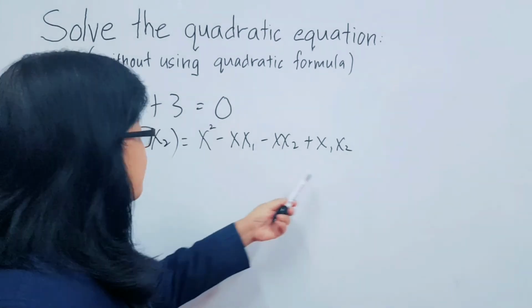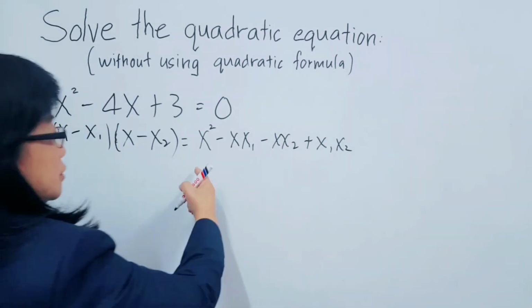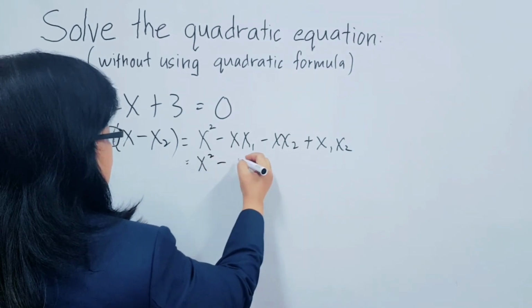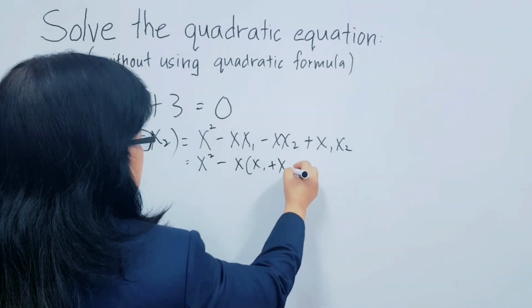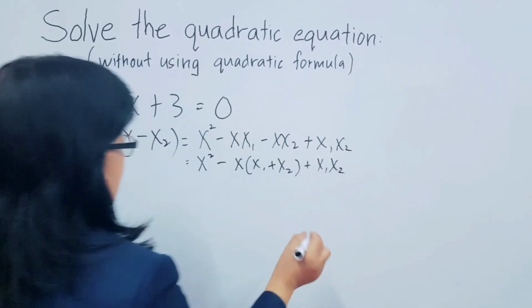This is the product if we multiply x minus x1 times x minus x2. So we can write this one in this way: x squared minus x times (x1 plus x2) plus x1 x2.